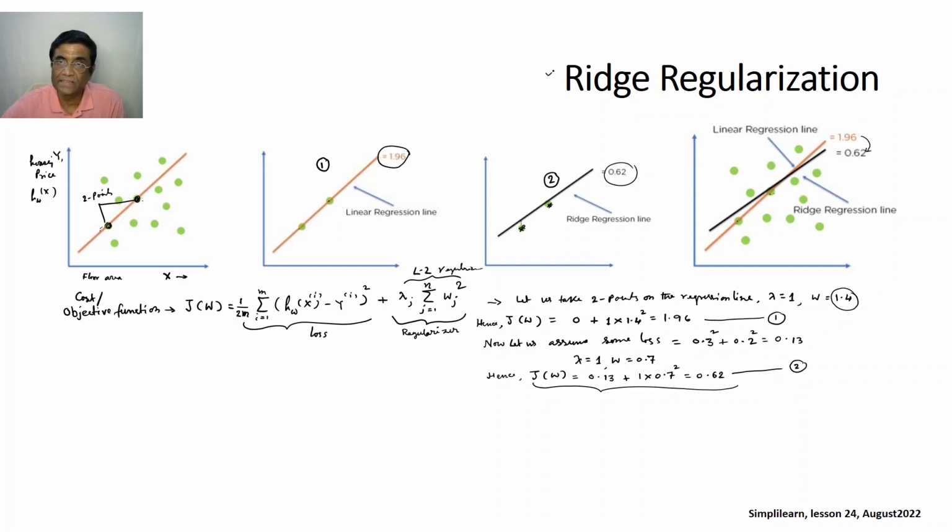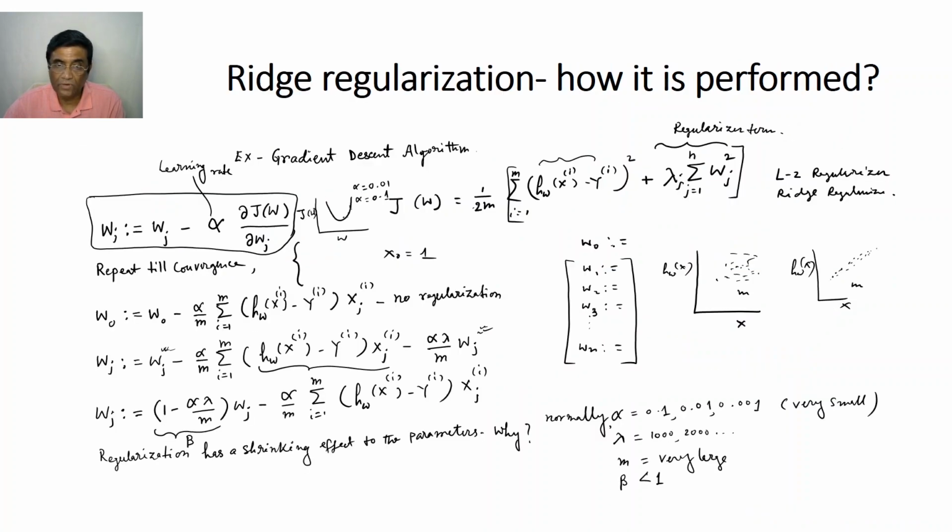But normally the most common, widely used regularization process is ridge regularization, L2 regularization, because you can see from here, once you have reformulated the J, then automatically when the algorithm is running, this term allows the parameter to get shrunk.